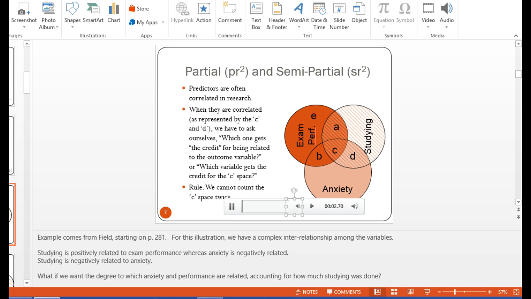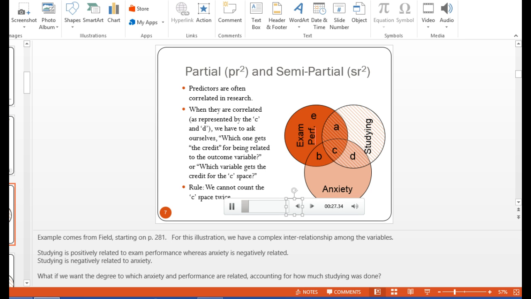I'm going to use the example here that's given in Field on page 281, and it's a study in which we're trying to predict exam performance by using both the extent of the studying that was done for the exam and also exam anxiety. And so we should take note here of the different segments of this Venn diagram.